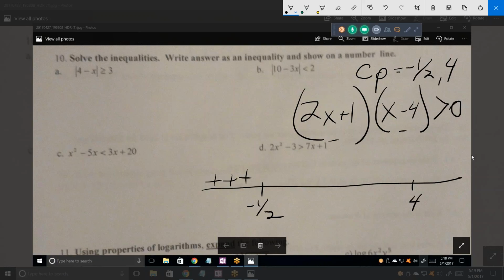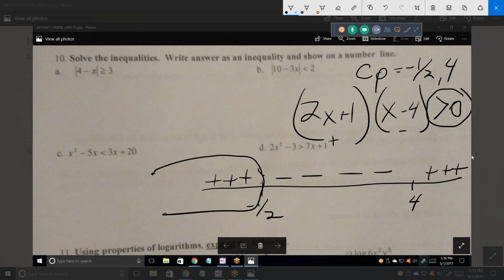What about when it's in the middle? Pick a number for x. 0. What's that give me? Positive and negative, which multiplies together to be negative. Now pick a number to the right of 4. 5. Positives. And there you have your answer. It's got to be greater than 0, so those are my answers.